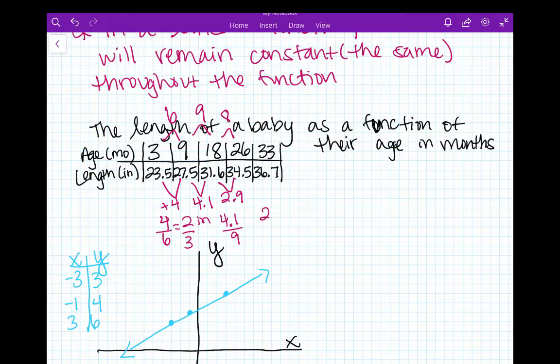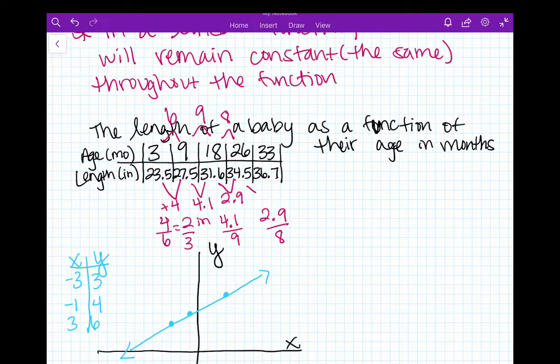So that would be 2.9 over 8. And the last one from 34.5 to 36.7 is 2.2, from 26 to 33 months, an increase of 7. So that ratio would be 2.2 over 7.